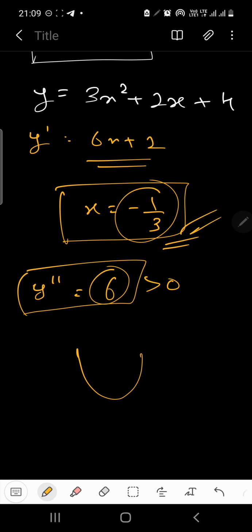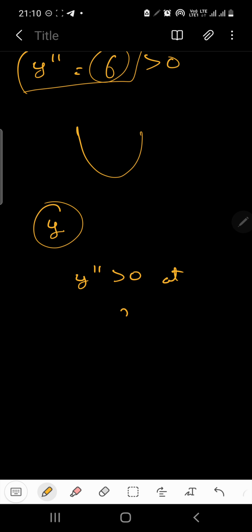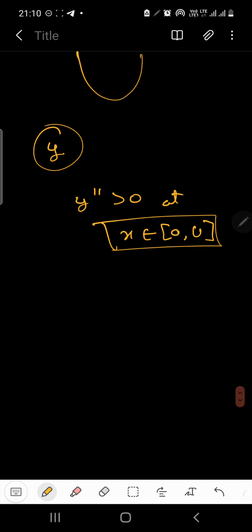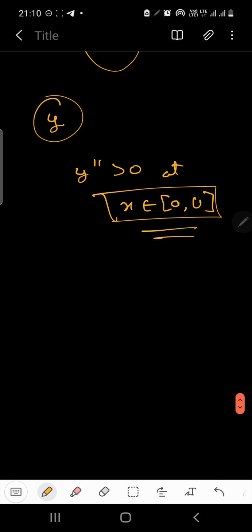We have already studied it in a different lecture on my channel, where if you have a curve given by y, and y double dash is greater than 0 at x belonging to the closed interval ab, then within this interval you are going to have a convex shape.